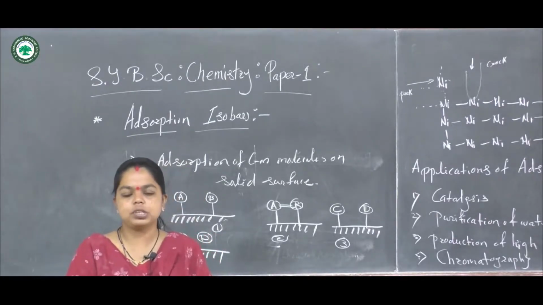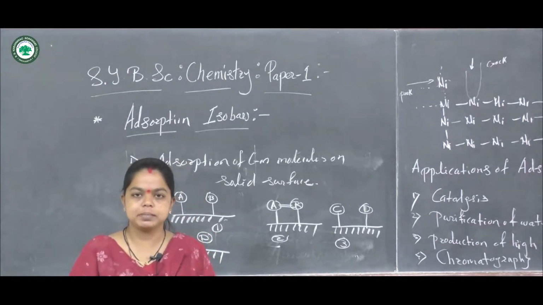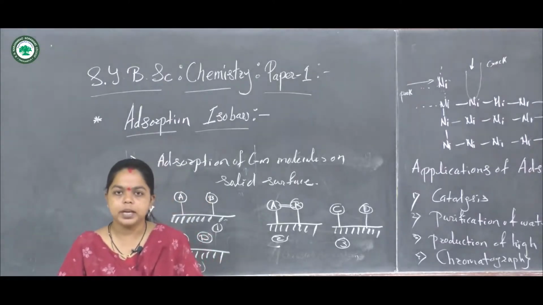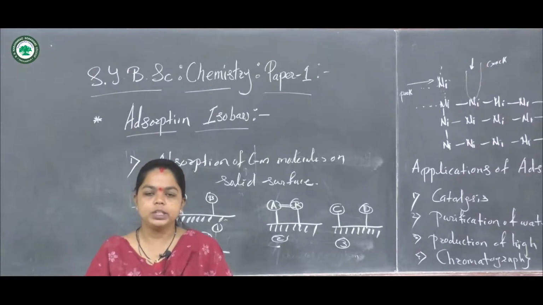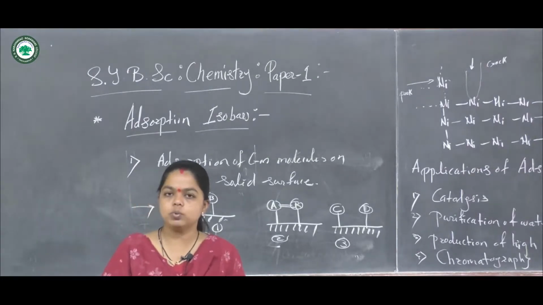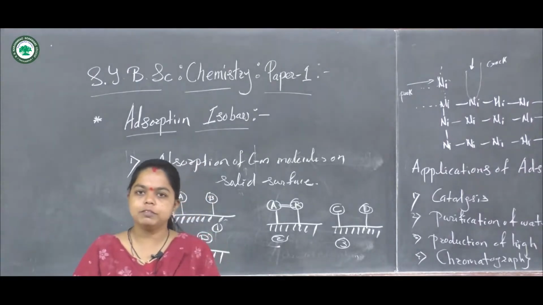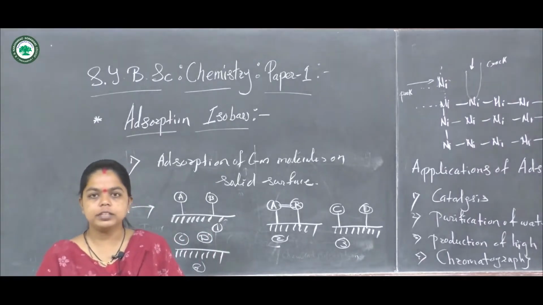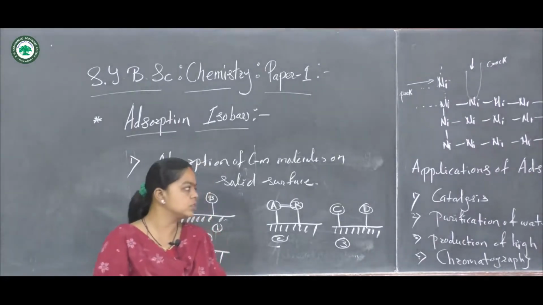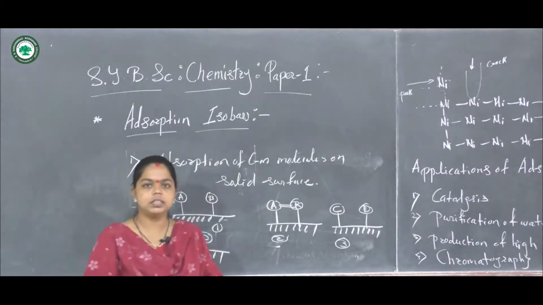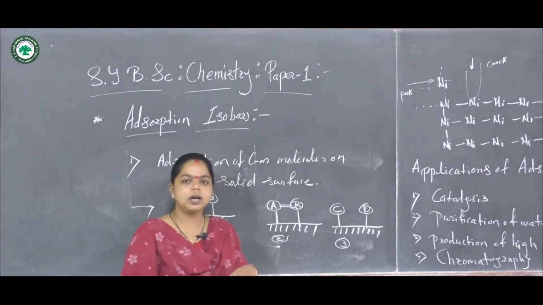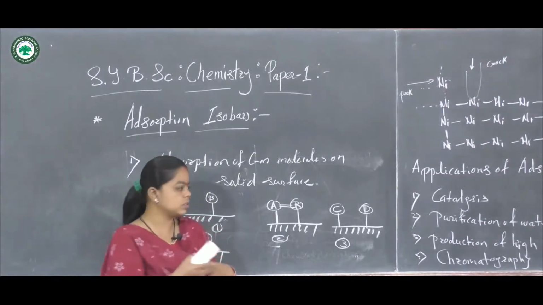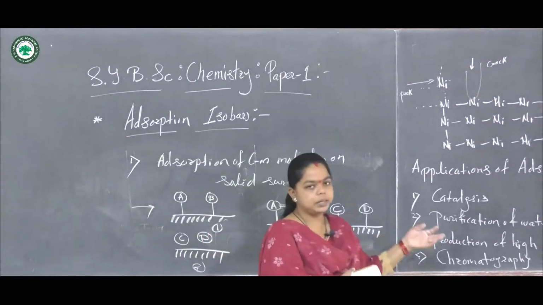So how much adsorption takes place can be found by using different formulae like x upon m equals k into p raised to 1 upon n, which is given by the Freundlich adsorption isotherm. So by using different formulae, we have used different theories. From that, the amount of adsorption can be determined and the corresponding surface area can be determined.